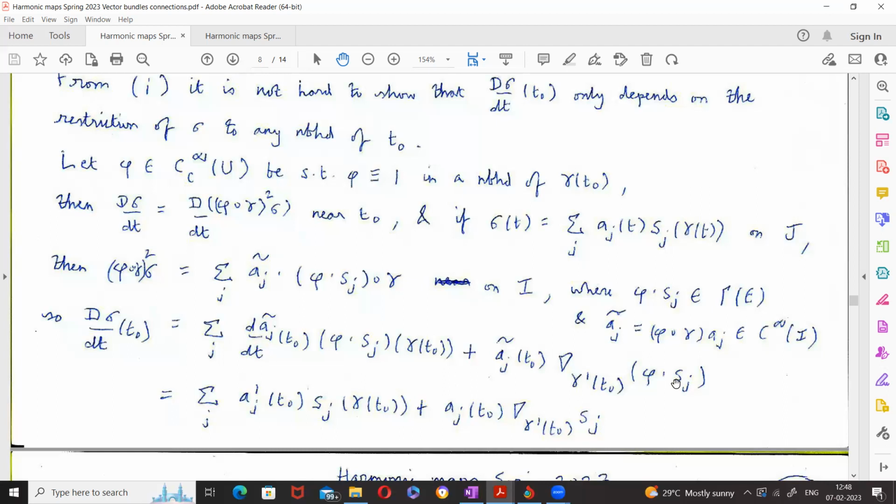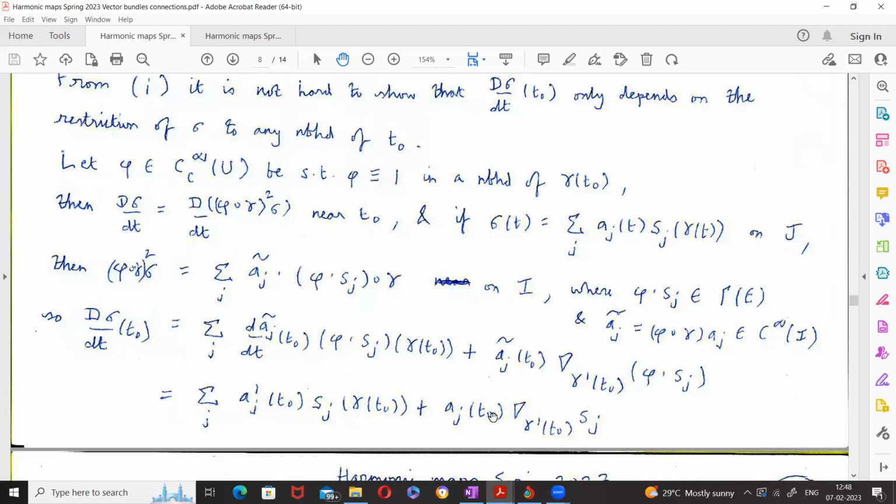And now this aj tilde, since phi composed with gamma is 1 in a neighborhood of t naught, aj tilde prime at t naught is the same as aj prime at t naught, because they're both equal in a neighborhood of t naught. So this becomes aj prime of t naught into phi times sj, and phi is 1 near gamma of t naught, so this becomes just sj at gamma of t naught, plus aj tilde at t naught, which is the same as aj at t naught.